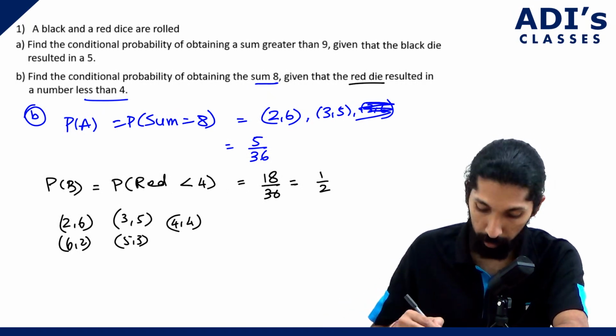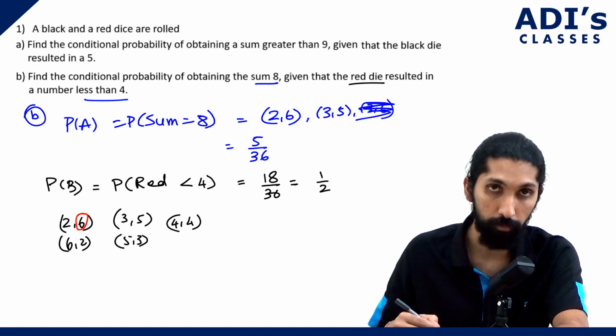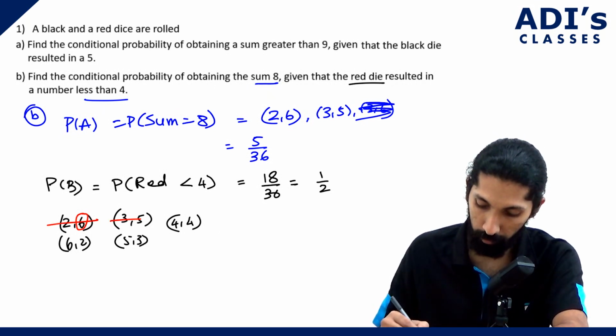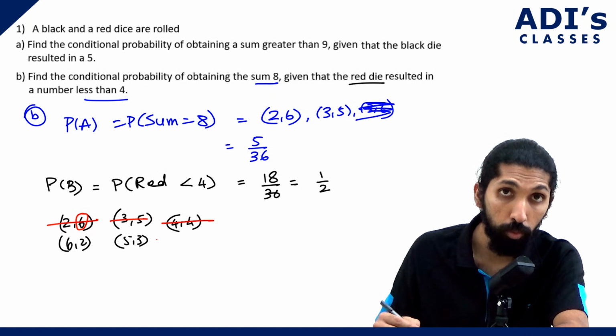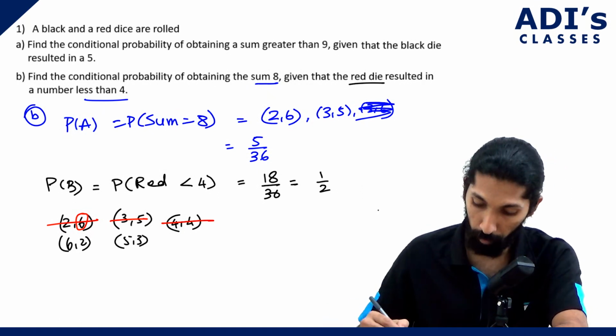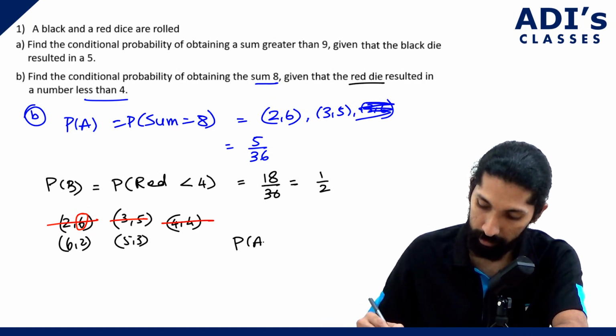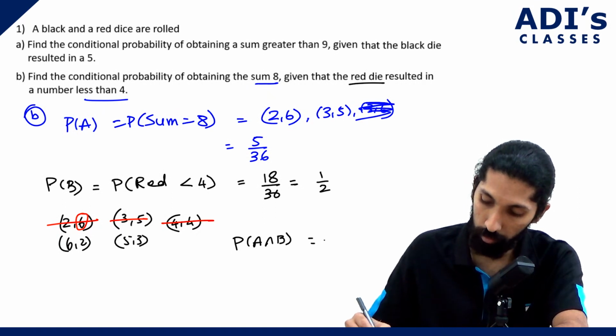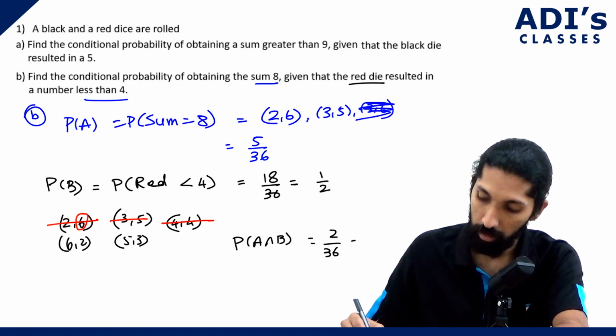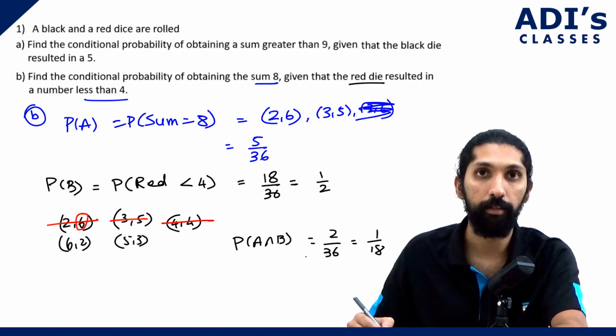The second number should be lesser than 4. Rule out, rule out, rule out. So we have 2. So probability of A intersection B is 2 out of 36. That's 1 out of 18.